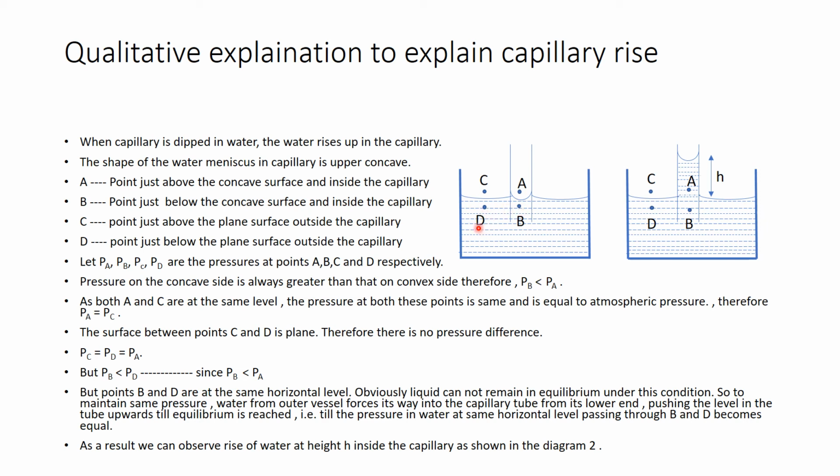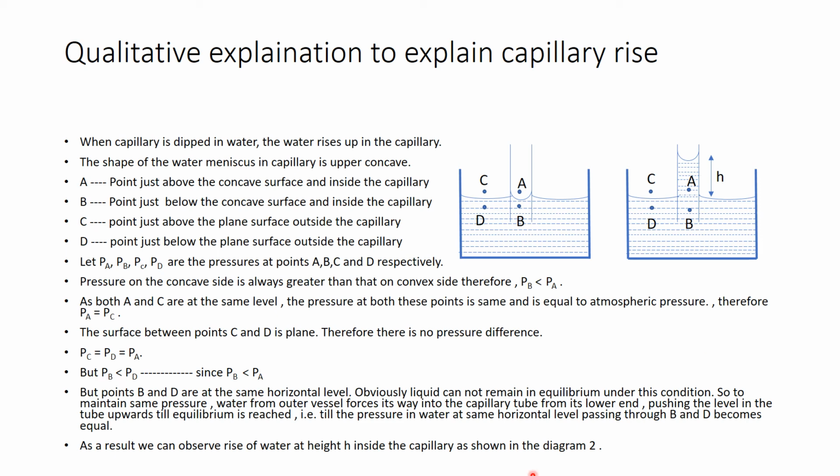The water from the outer level will enter in the capillary from the lower end of the capillary, and it will be pushing the level in the tube upwards, right?